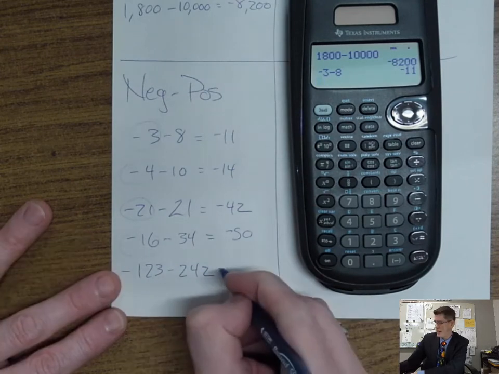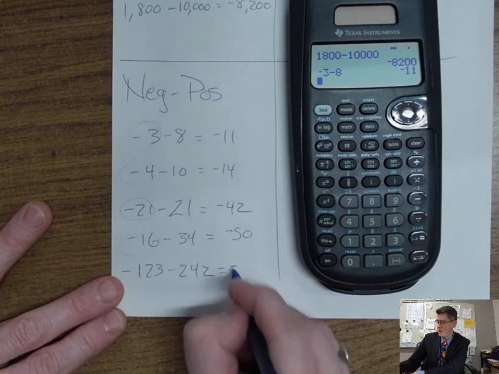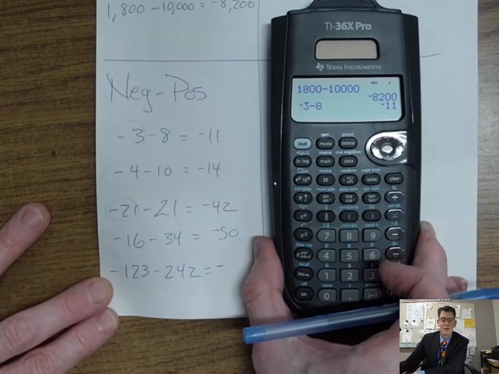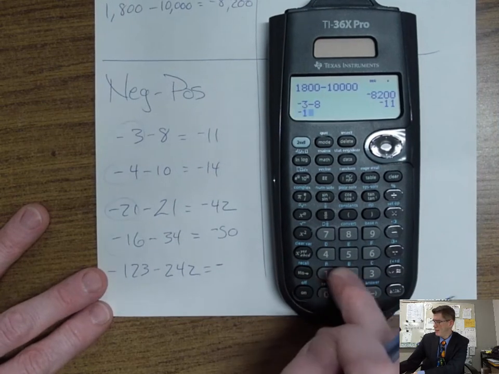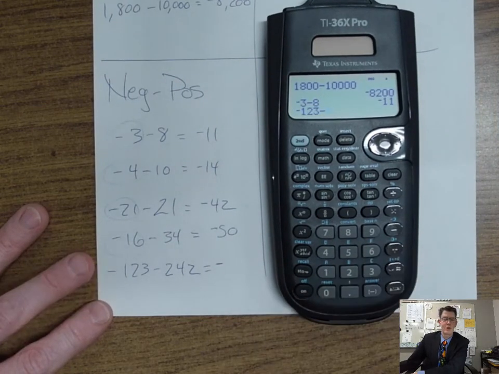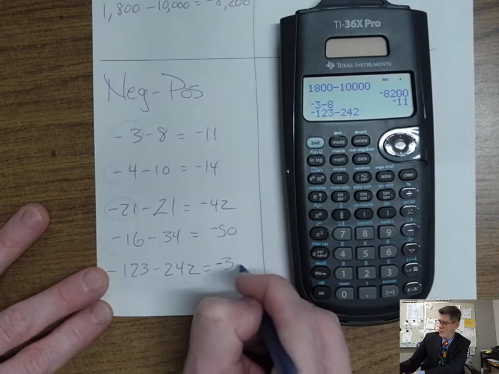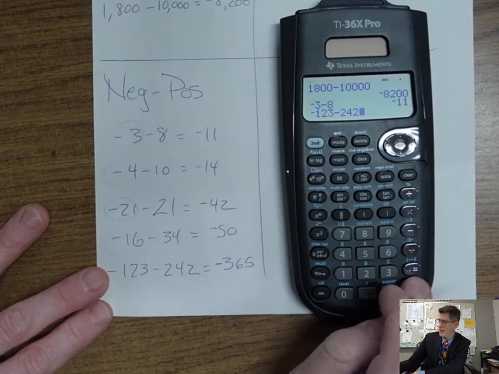And then right here, if you can do that in your head, do it in your head. It's negative something. We're still down in that negative part of the number line, but you can always just do -123 minus 242. You'll end up with -365, I hope.